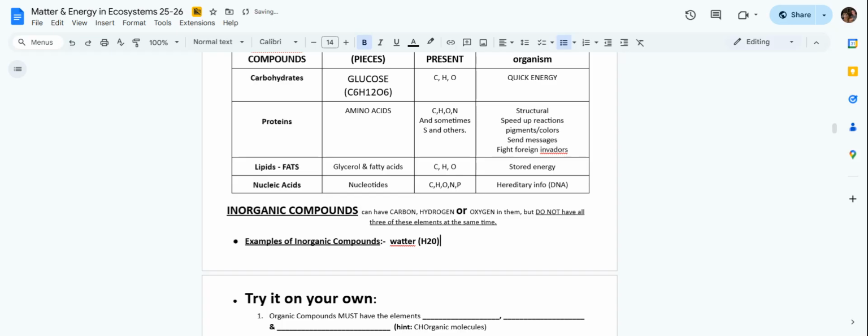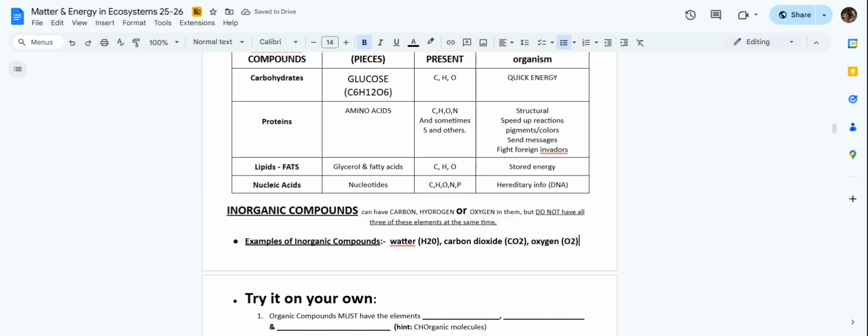It has the hydrogen and the oxygen, but does not have the carbon, so it's not organic. Another would be carbon dioxide. It has the carbon, the oxygen, actually 2 oxygens, but it does not have the hydrogen. Others, like oxygen, has the oxygen, 2 of them, but no hydrogen or carbon.